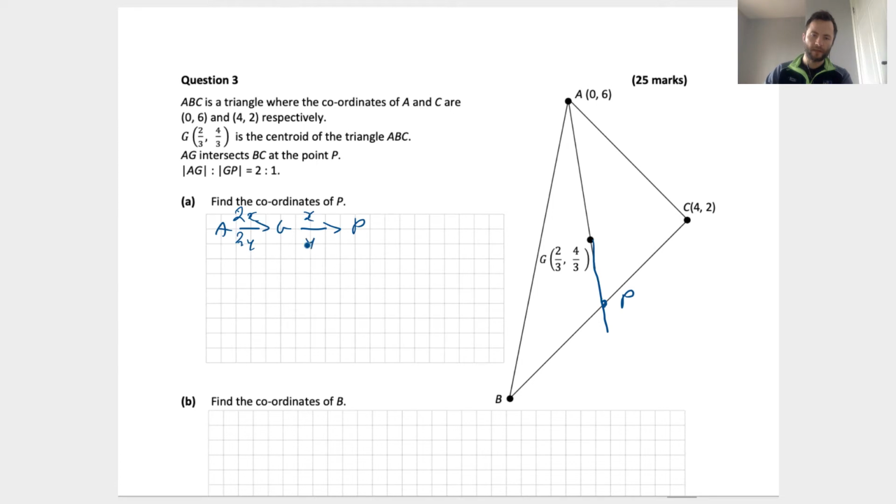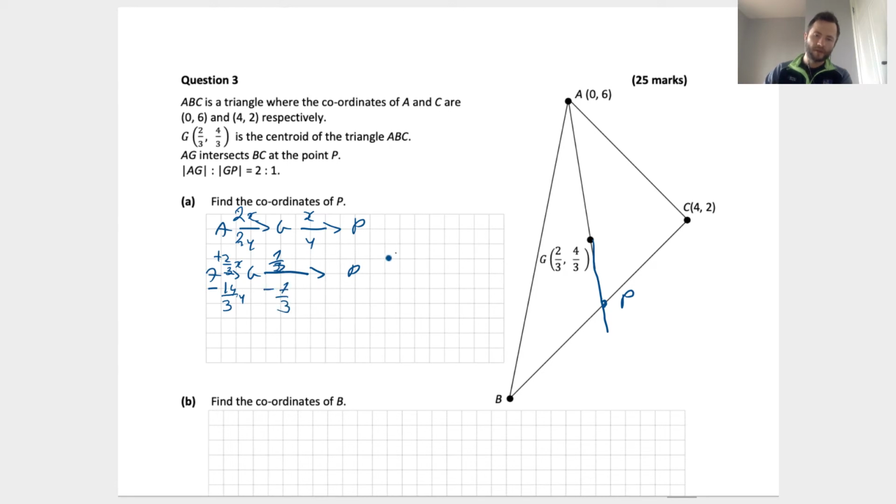So X and Y. When we're moving from A to G, we're using plus 2/3 in X, and we're using minus 14/3 in Y. So then when we're moving from G to P, we're going to use half of that, so that's plus 1/3 and then minus 7/3.